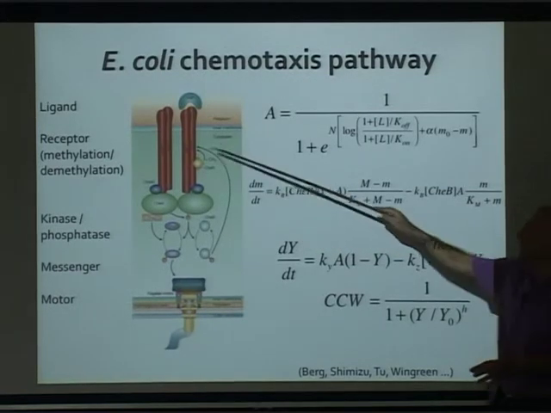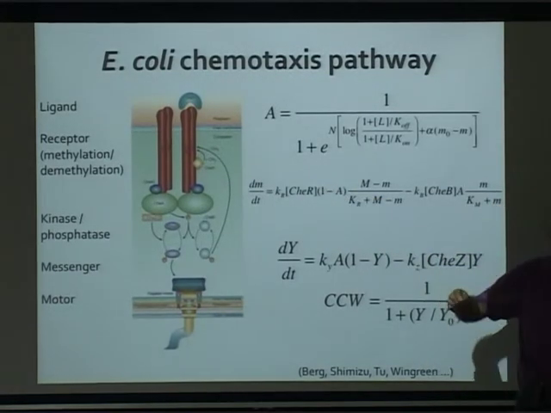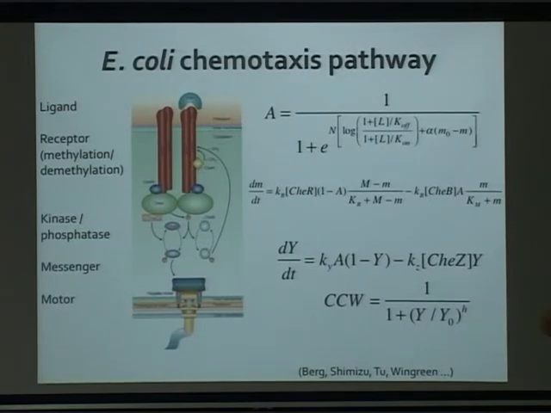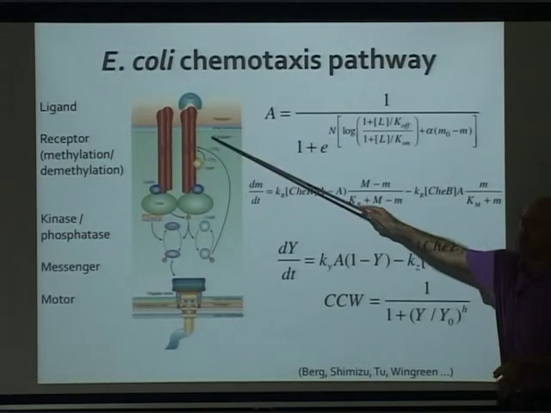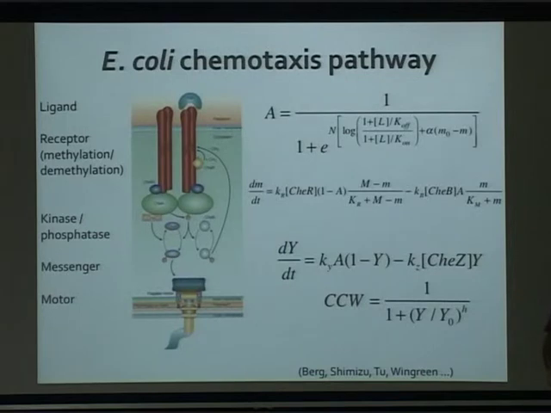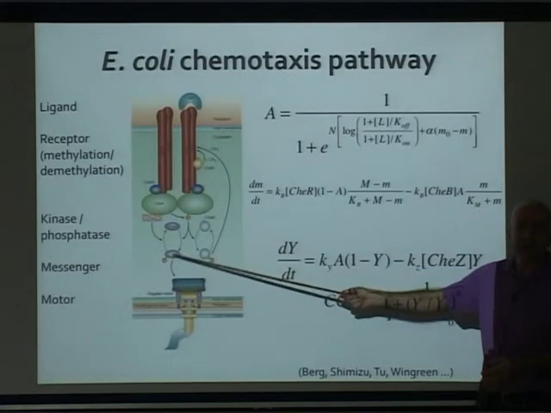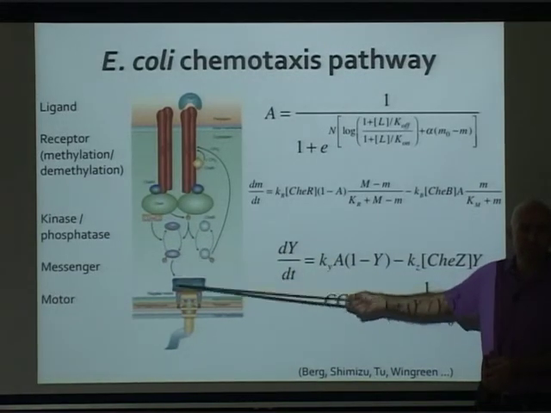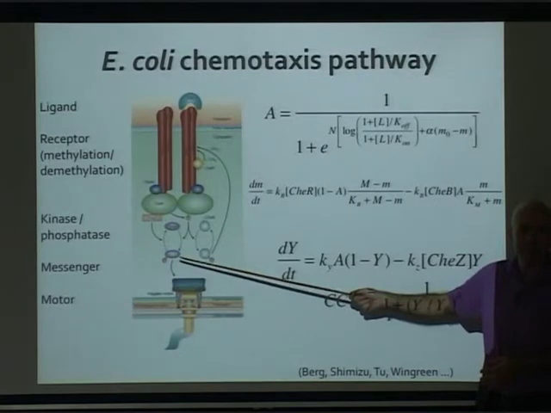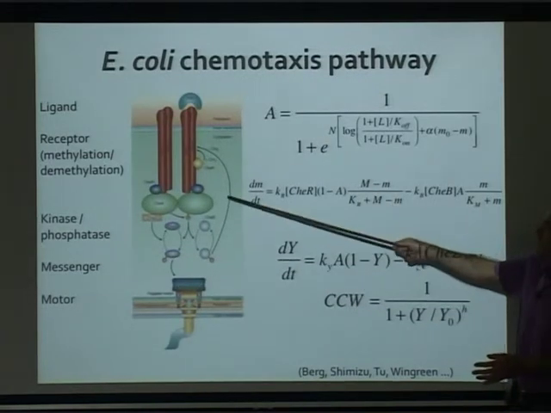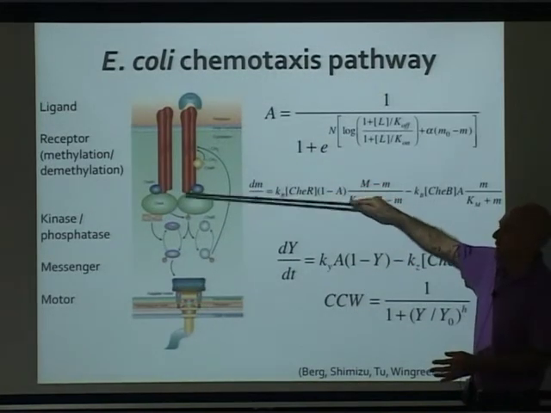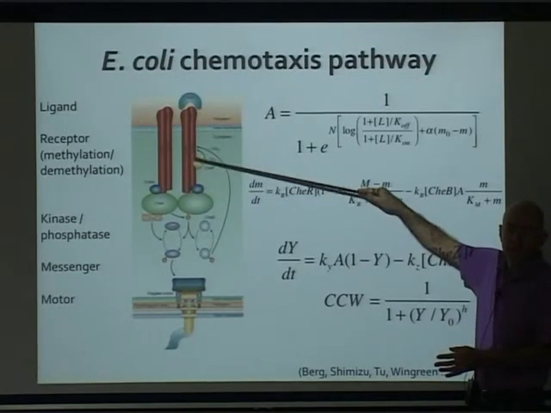The configuration of the system is just given by 2 state variables. One is the level of methylation, M: the average fraction of methylation sites that are occupied by methyl groups. And Y is the fraction of active messenger proteins inside the cytoplasm. All the rest is basically fixed, because the binding, unbinding, and autophosphorylation reactions are very fast, so they are basically in equilibrium.